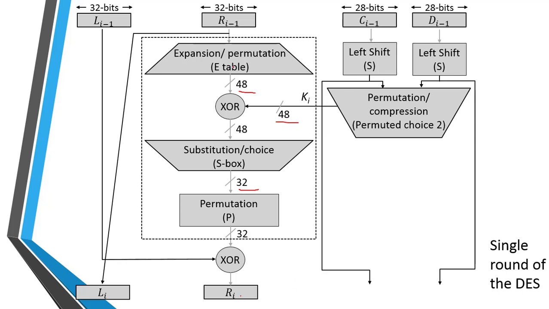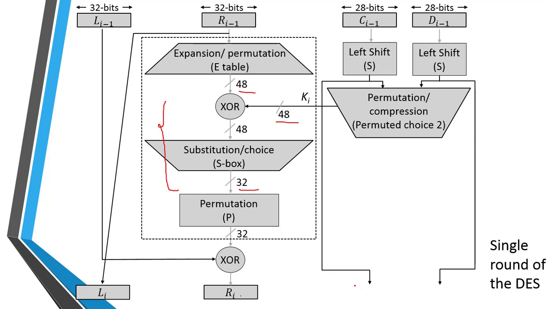Here we can see that expansion, exclusive OR, substitution and permutation are known as the main functions of the DES. And for generating the subkey for the next round, after applying the shifting operation, the output of shifting is given to the next round, and then the next round key is generated.